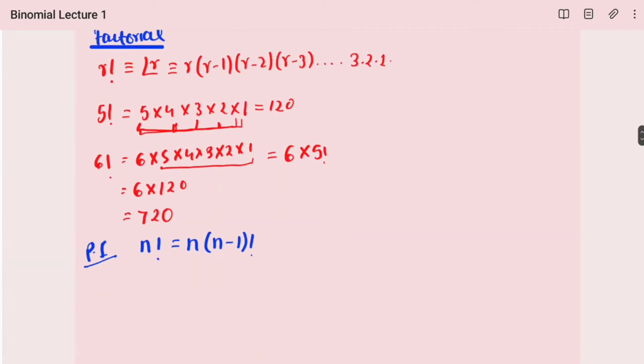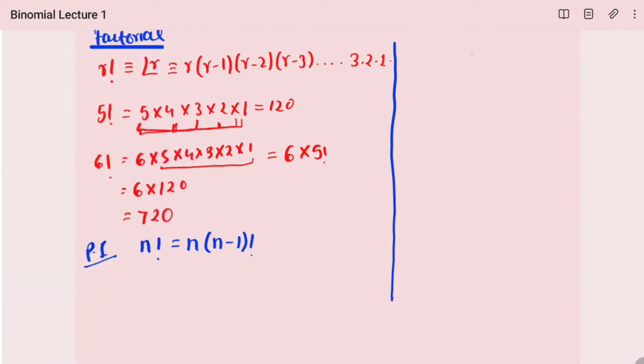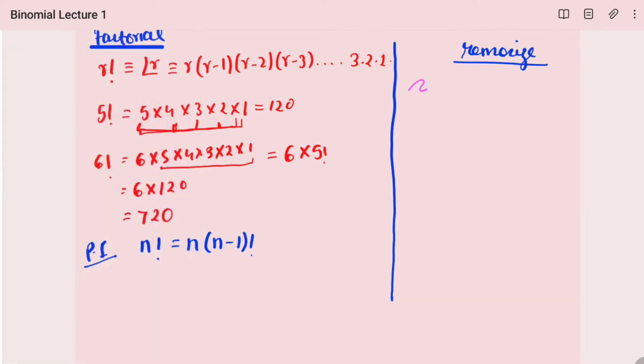Now it would be advised to memorize the values of the first 6 factorials. So 1 factorial is 1, 2 factorial is 2 into 1 which is 2, 3 factorial is 3 into 2 into 1 which is 6, 4 factorial is 4 into 3 factorial by using this property.